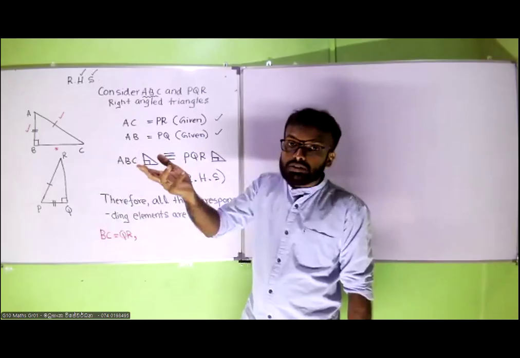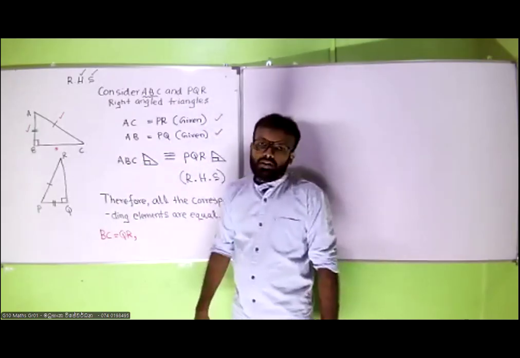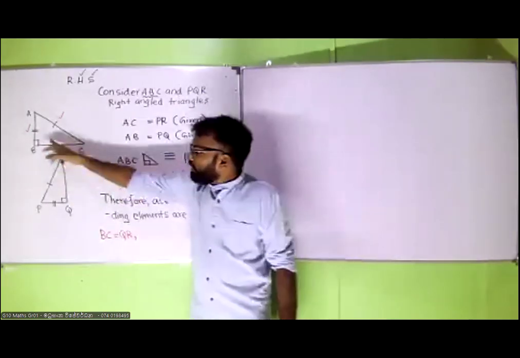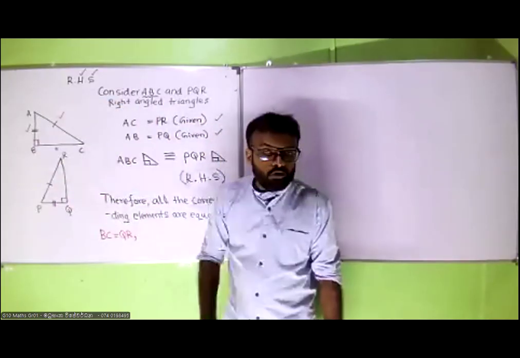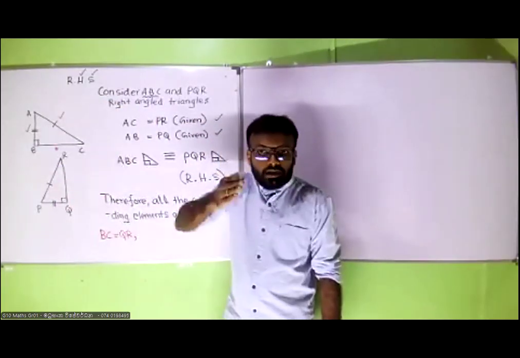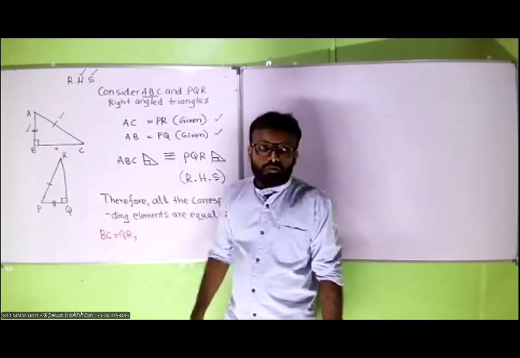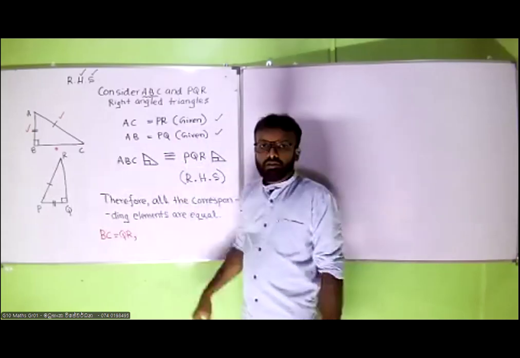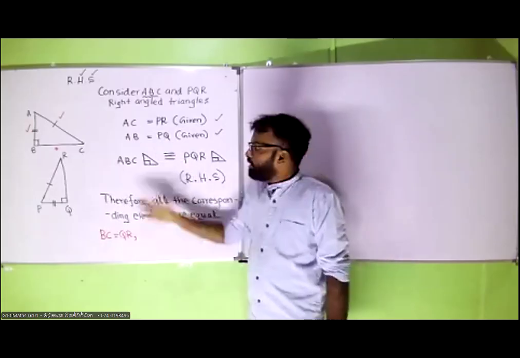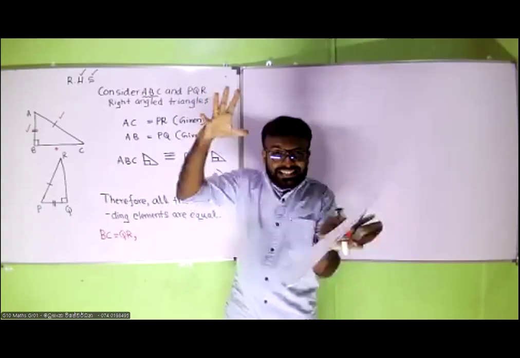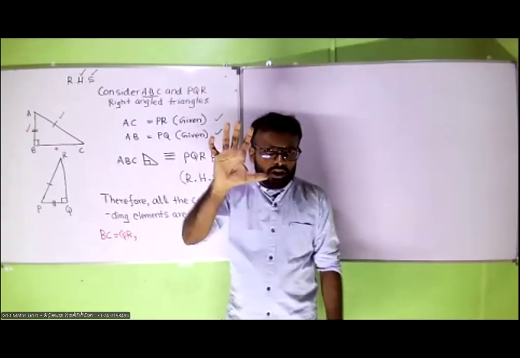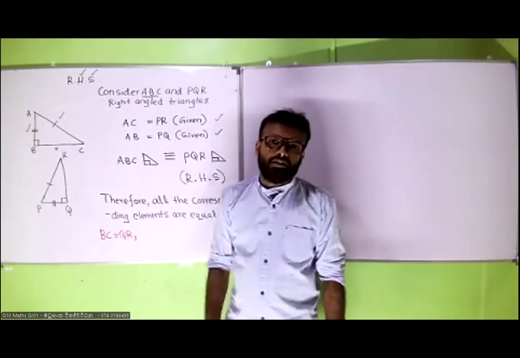What are they? Angles. Already we know right angles are equal, 90 degrees in magnitude. If this congruence happens, ABC triangle congruent with PQR triangle, they exactly coincide. Equal, identical.